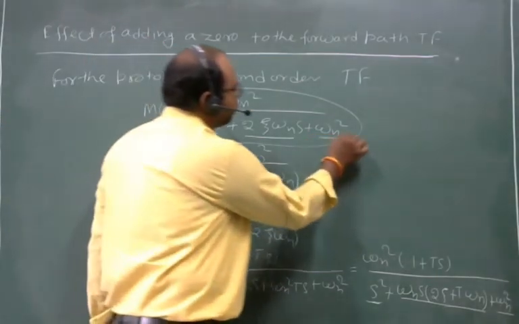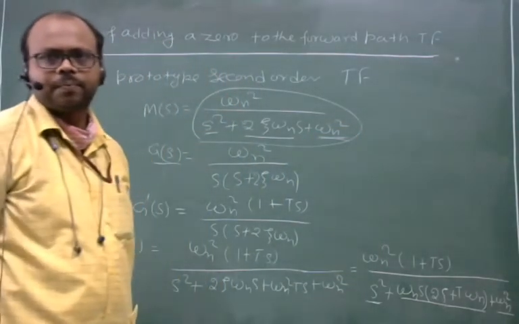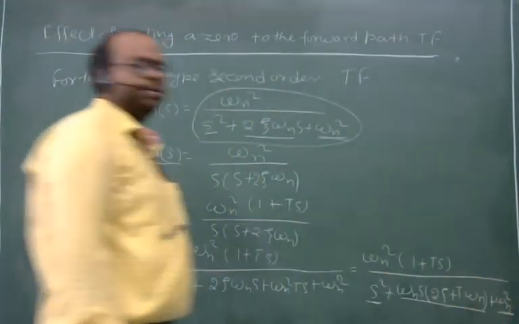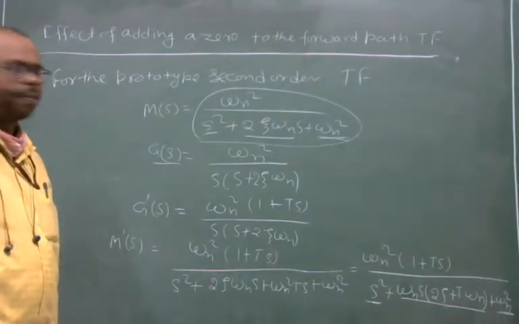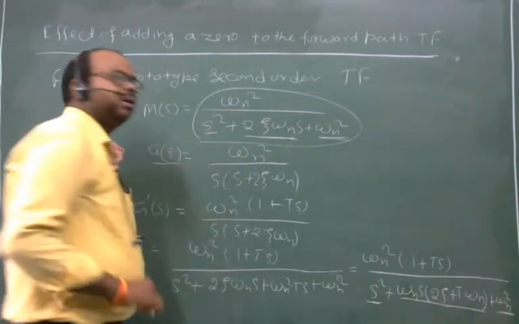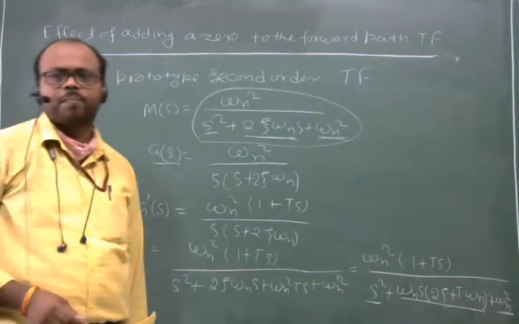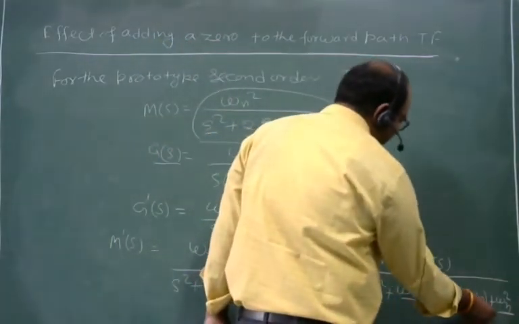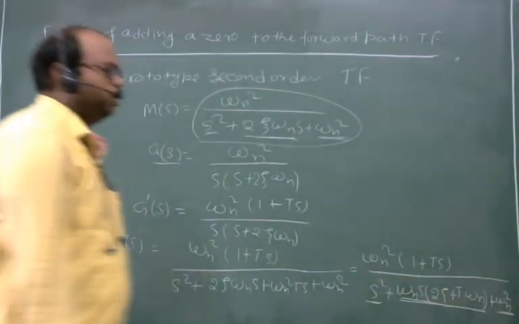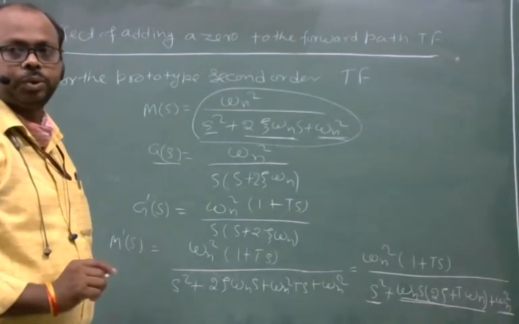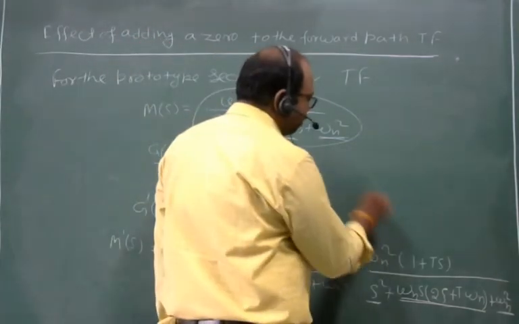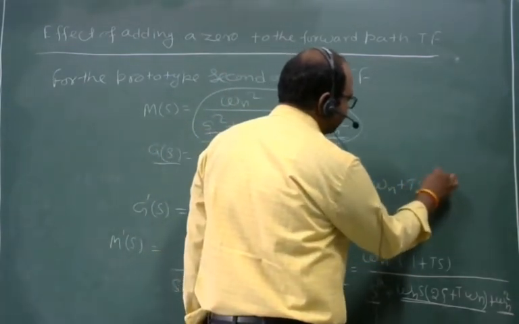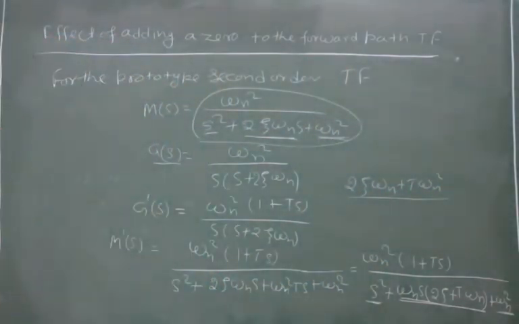This term gives the natural frequency omega n. It means here also the natural frequency is omega n, and this term gives the damping ratio zeta. So here the modified damping ratio can be obtained from 2 zeta omega n plus T omega n square.